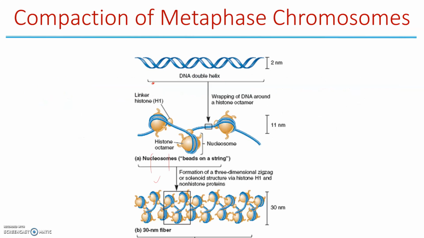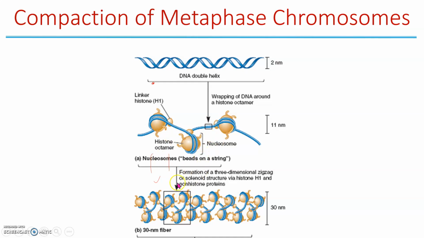It starts out the same. So you have this double helix DNA molecule. You're going to wrap it around these histone octamers to create a nucleosome, which is 126 or 7 base pairs of DNA wrapped around 8 histone proteins called an octamer that has 2 H2A, 2 H2B, 2 H3, and 2 H4.